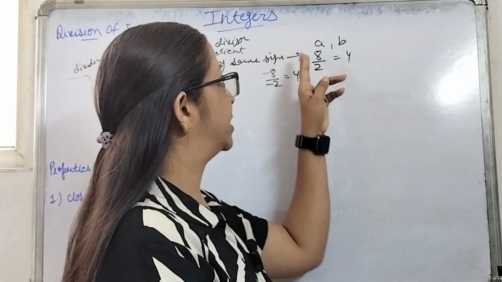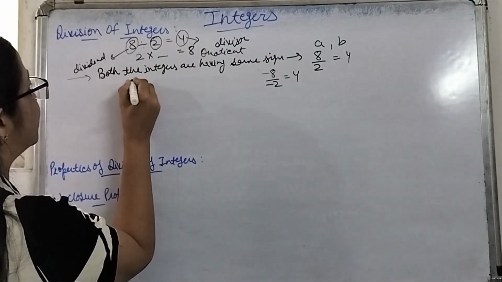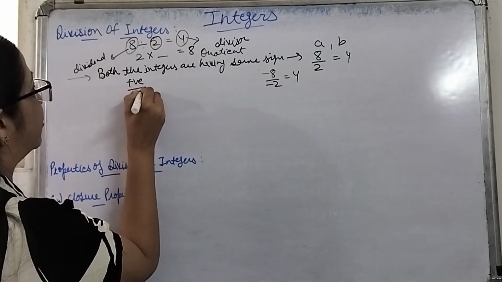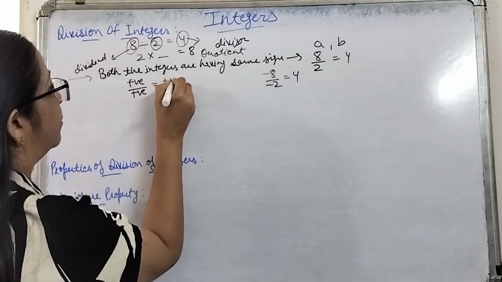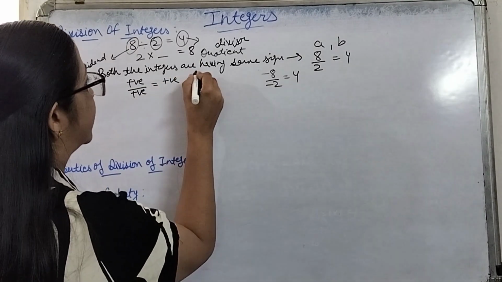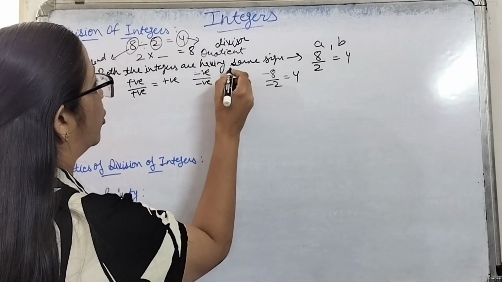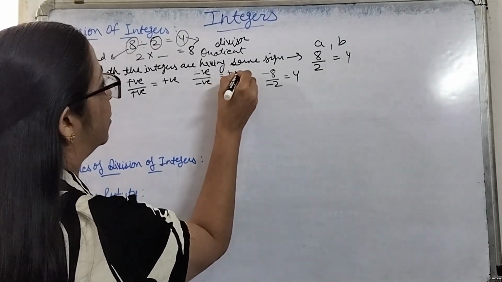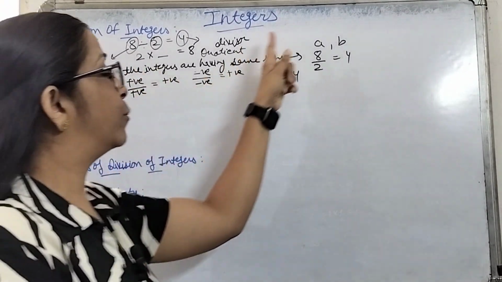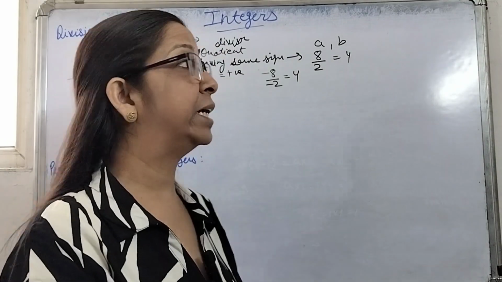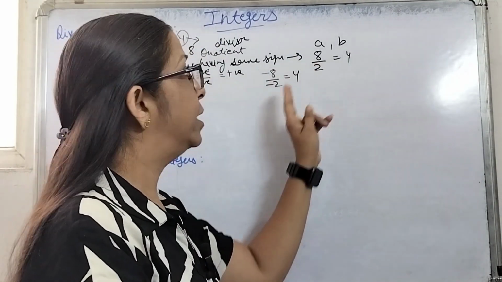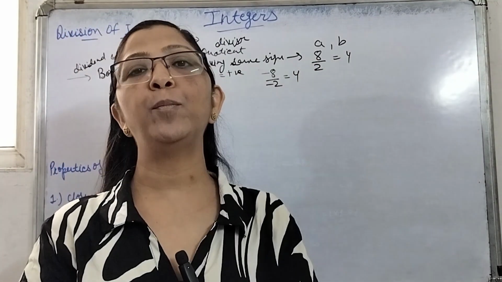If the dividend is negative and the divisor is also negative, the quotient will be positive. So if both numbers have the same sign, the quotient will be positive.